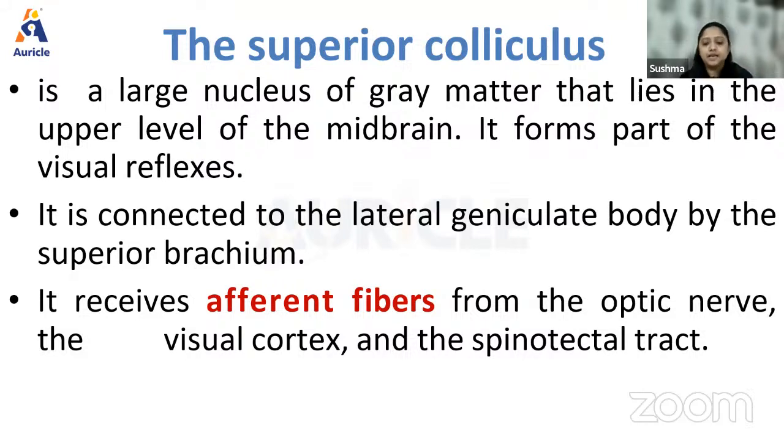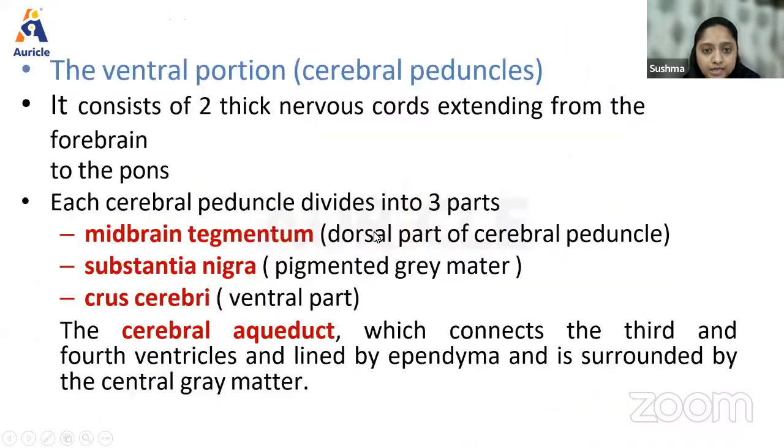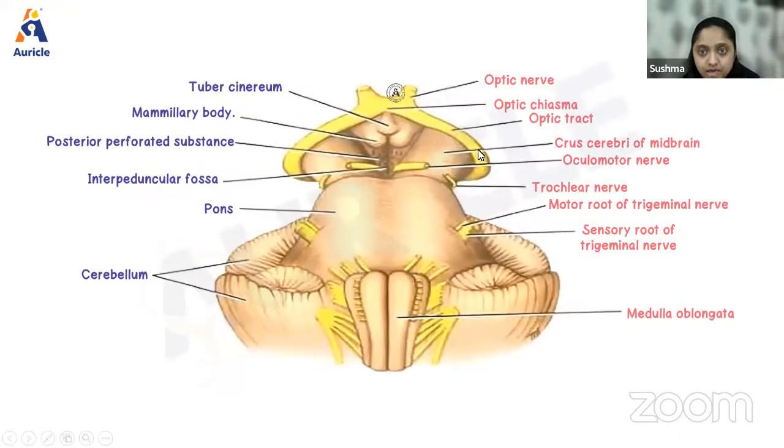And also, guys, see how closely the superior colliculus is related to all of these different structures that are important in vision. For example, if you look at this particular diagram, let us say somewhere here I have the superior colliculus. It is so closely related to the optic nerve, optic chiasma, oculomotor nerve, isn't it?